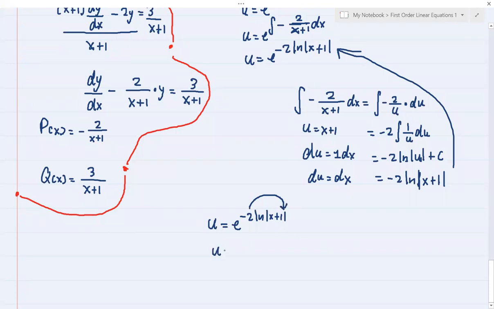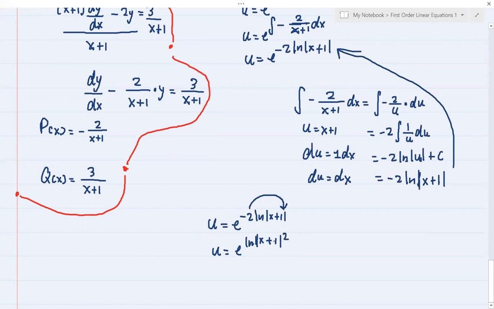So you will have u is equal to e raised to ln of x plus 1 squared.